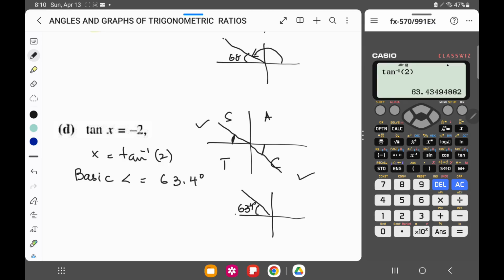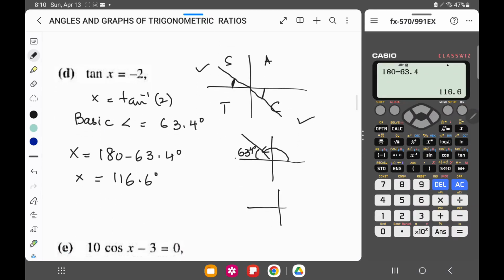Okay, so it is 180 minus: x is equal to 180 minus 63.4 degrees. So do 180 minus 63.4, and that comes to 116.6 degrees. That is your first answer.